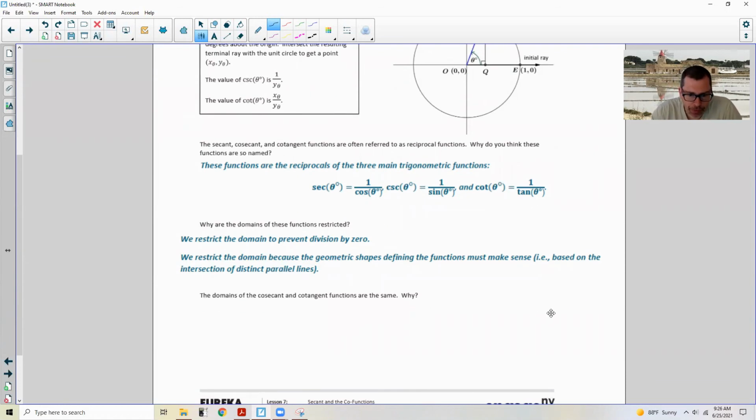Okay, so the domains of the cosecant and cotangent functions are the same. Why? Okay, so the sine function has a range from -1 to 1. So the cosecant function has a range from -infinity to -1 union 1 to positive infinity. The two ranges only intersect at -1 and 1.